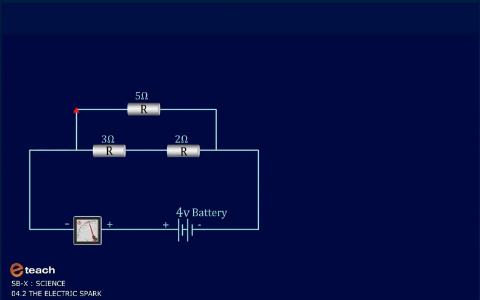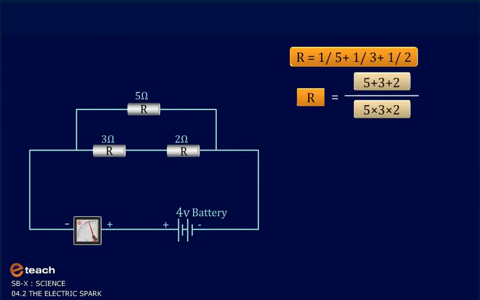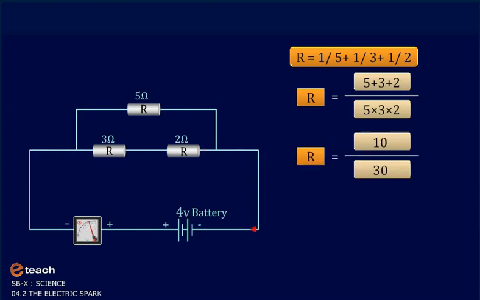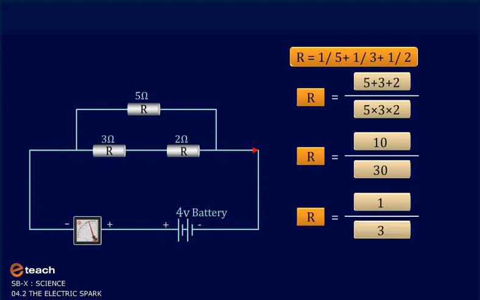Total resistance R is equal to 1 upon 5 plus 1 upon 3 plus 1 upon 2. So R is equal to 5 plus 3 plus 2 upon 5 into 3 into 2. So it comes R is equal to 10 upon 30 ohm, and R is equal to 1 upon 3 ohm. The total resistance in the circuit is 1 upon 3 ohm.